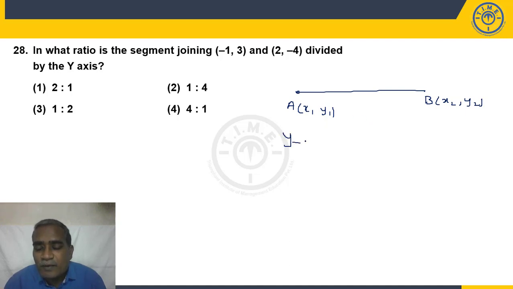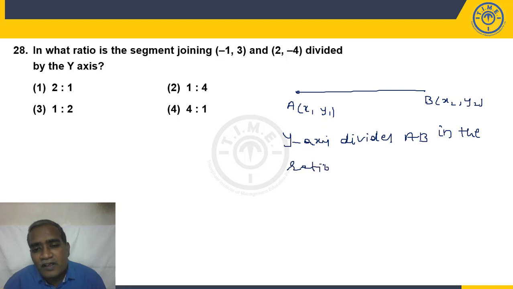The y-axis divides AB in the ratio minus x1 is to x2. So what is the answer? Minus of minus 1 is to 2, so 1 is to 2. That is there in the third option. Clear? Understood?